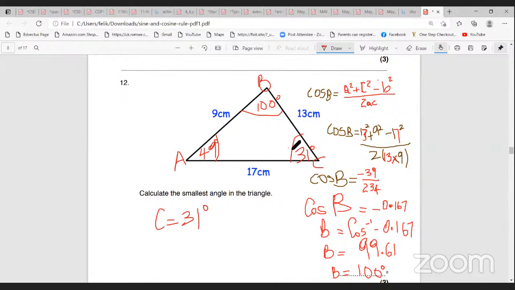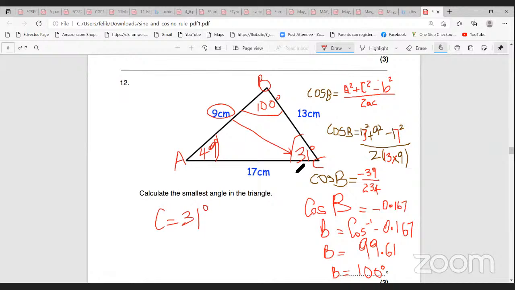The smallest side means the angle opposite to it is the smallest angle. Since this side here is 9 centimeters and it's the smallest, angle C is going to be the smallest angle. So instead of calculating two angles, we would have calculated just one.